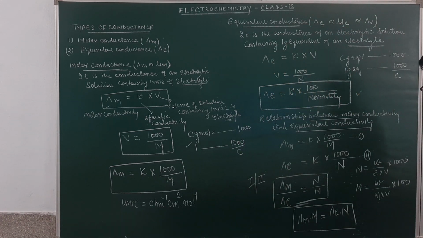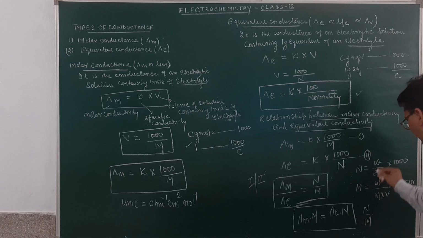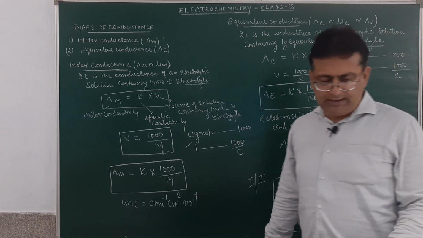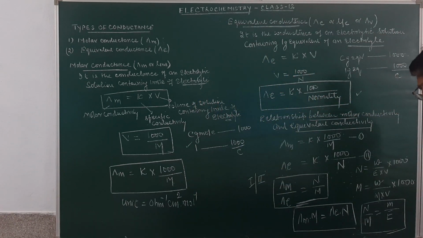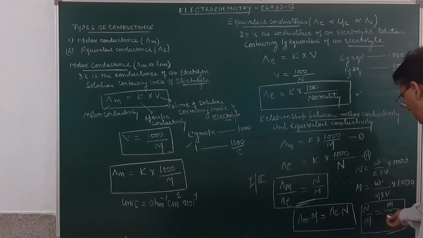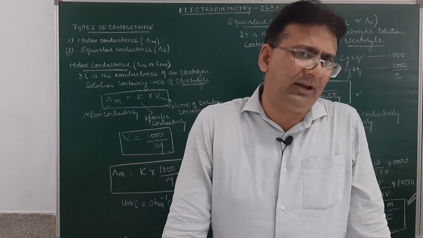All the other factors will cancel out. This will be equal to molecular mass of the substance upon equivalent mass of the substance. You must remember these formulas to solve the various numerical problems. So we can say molarity into molecular mass will be equal to normality into equivalent mass. This kind of relationship will help us in solving the various types of numerical problems.